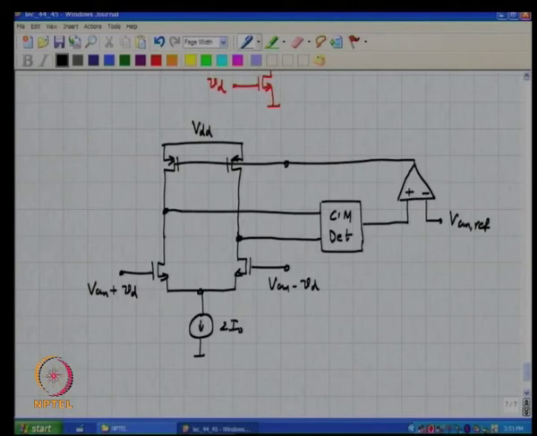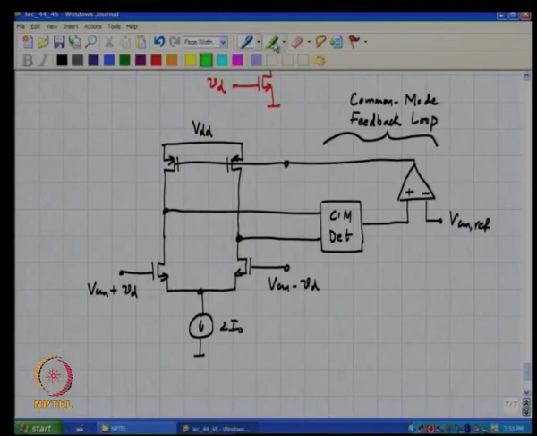So, this is a block diagram of a differential pair with common mode feedback. This network, whose job is to monitor the output common mode voltage and apply corrective potentials at the gate of the load to make sure that the output common mode voltage is indeed at the desired reference, is called the common mode feedback loop.